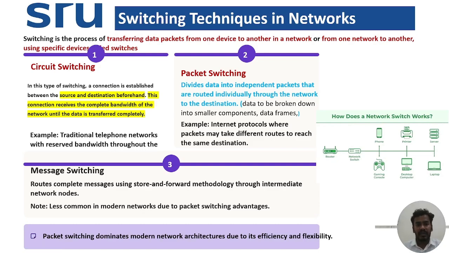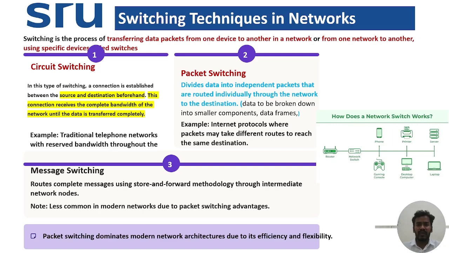Coming to packet switching, it divides the data into independent packets that are routed individually through the network to the destination. The data is divided into independent packets before being transferred, so that communication can be enabled in a very fast manner, and data can be encrypted also.